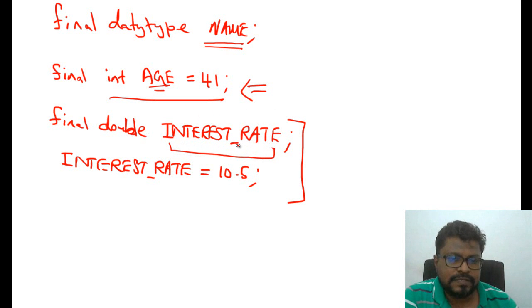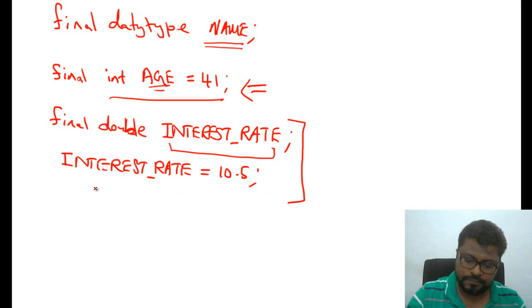So when your co-programmer looks at the name of the variable, he or she will decide this is a constant, right?